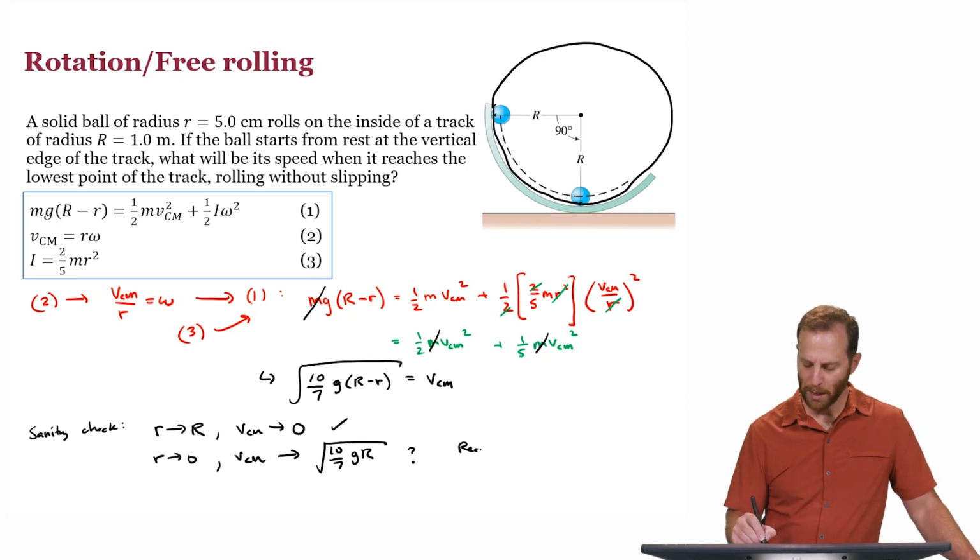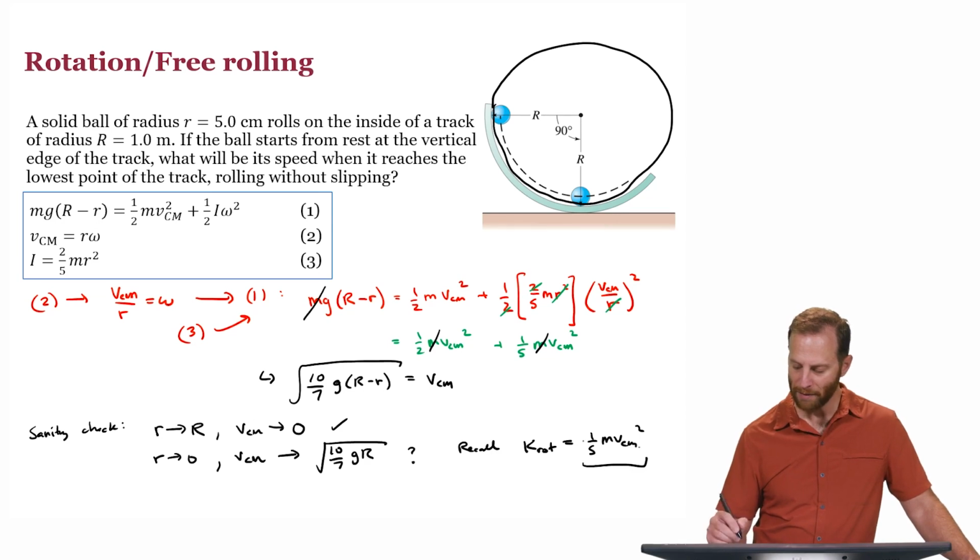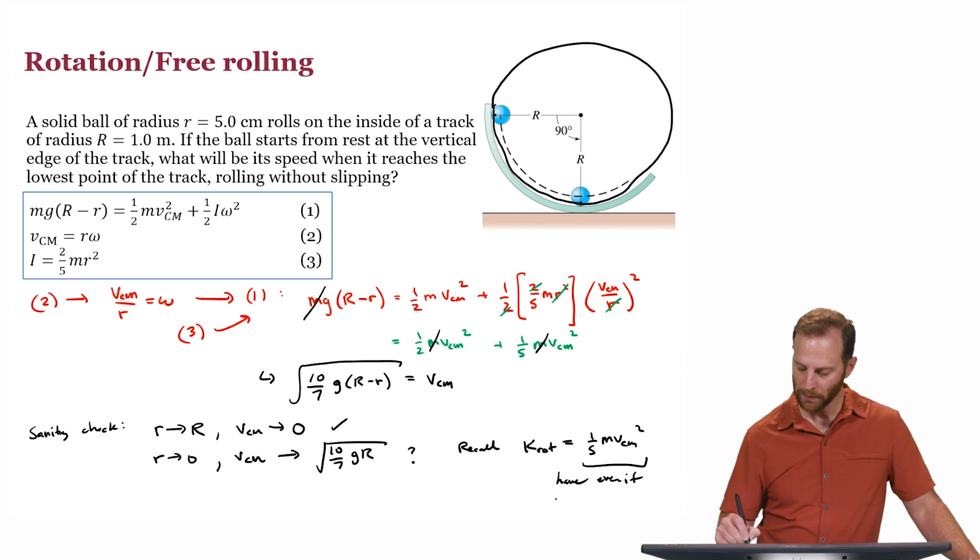The thing that we have to keep in mind is that what we just learned was the rotational kinetic energy is itself 1/5 m VCM squared, and that ultimately is where we can understand why the speed of the sphere at the bottom will give us some funny factor with square roots of 10 and 7, because we always have this no matter what. We have it even if the radius of the sphere goes to 0.